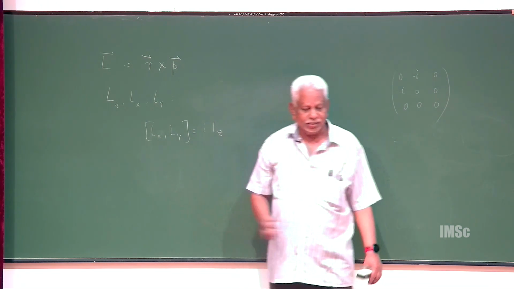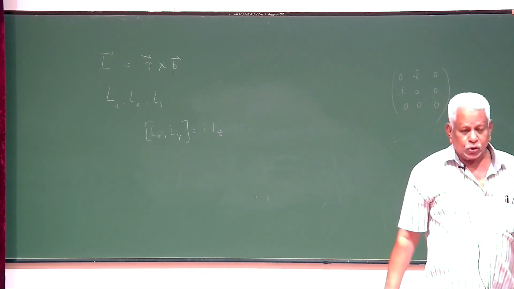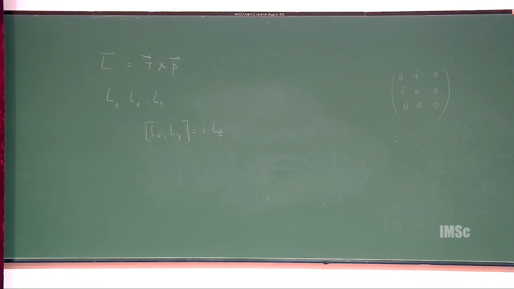Lx, Ly, Lz. If I want to do a small transformation, I use Lx times theta or Ly times theta or Lz times another theta, 3 angles. You can rotate by a small angle about the z axis, y axis and x axis. So, if you do that, that matrix will give you the answer for it. It is 1 plus i theta times Lz. That matrix will give you that.